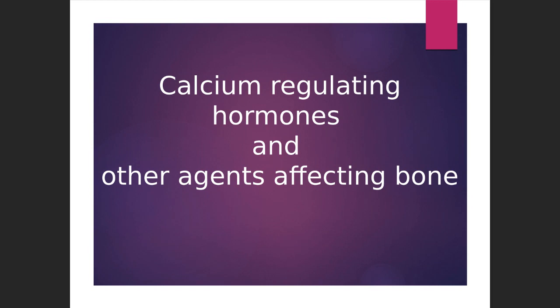The major functions of the body are also carried out by calcium, such as excitation, contraction, and formation of bones, etc. So basically, calcium plays a very important role, and the teeth and the bones are made up of calcium.